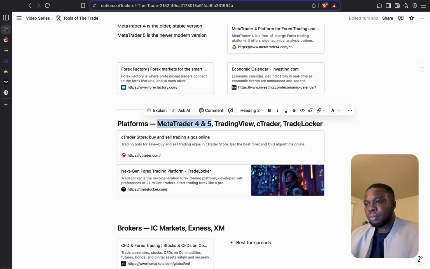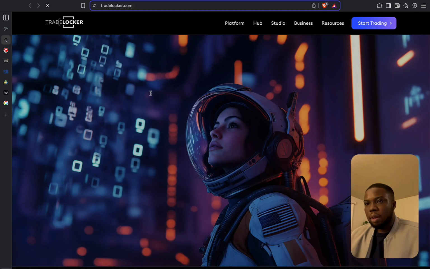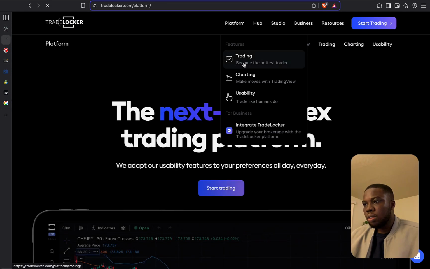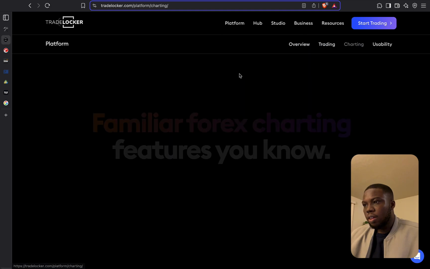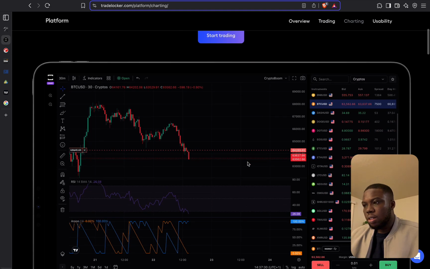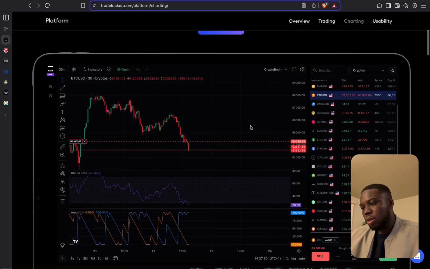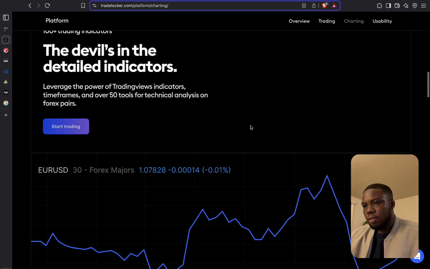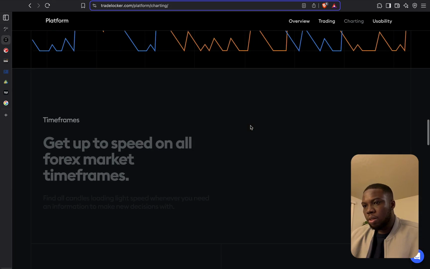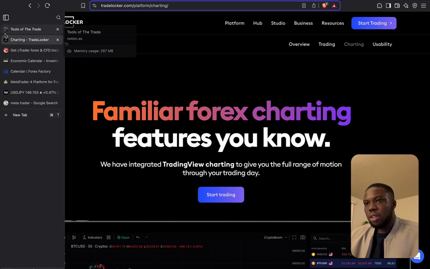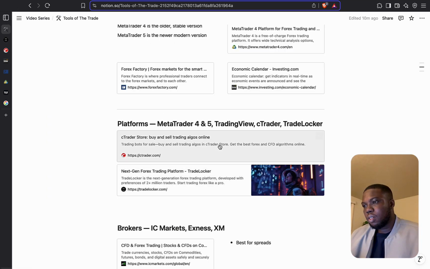And then TradeLocker. I personally enjoy using TradeLocker. I find it a lot like TradingView, and taking trades on it and making analysis on it is quite intuitive. It's a very nice platform for me. So yeah, I enjoy using TradeLocker. Wherever I see the option for TradeLocker, I choose it over any of the other platforms.